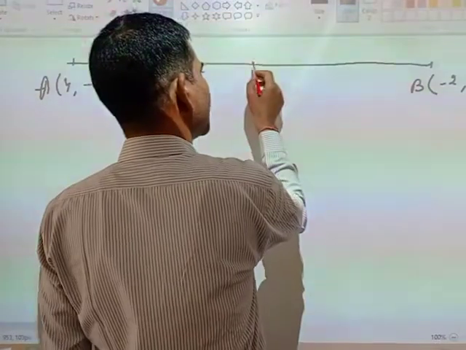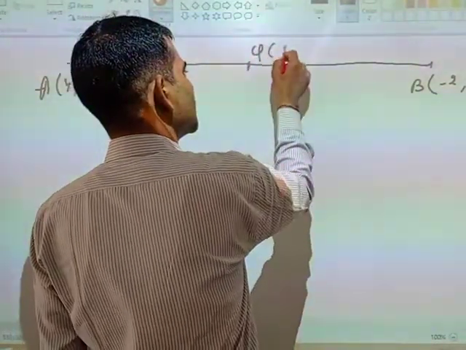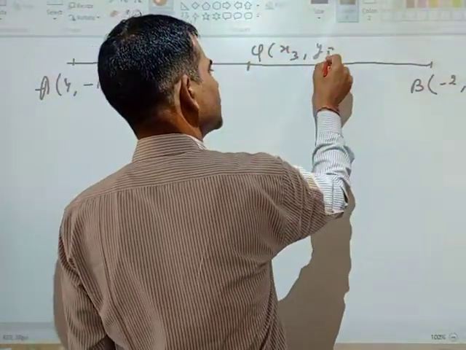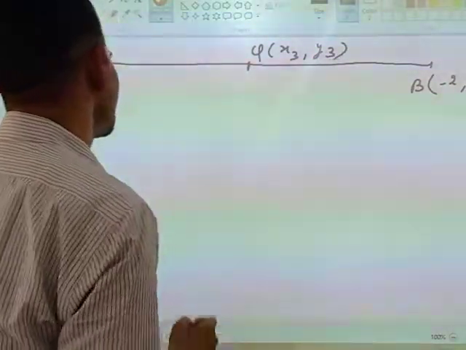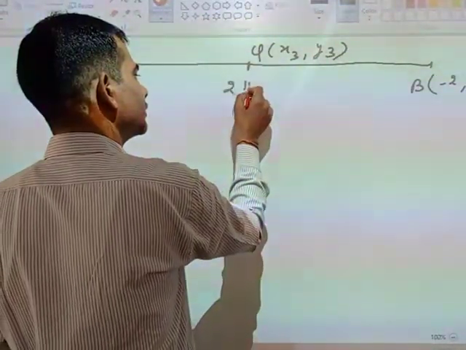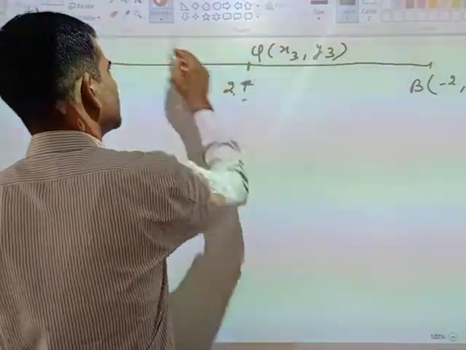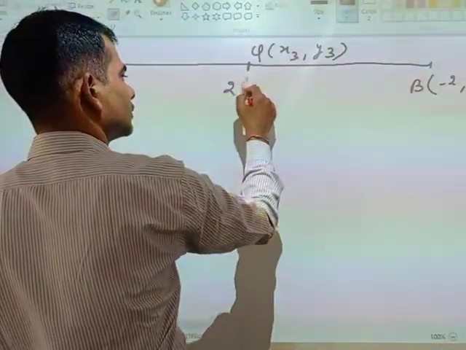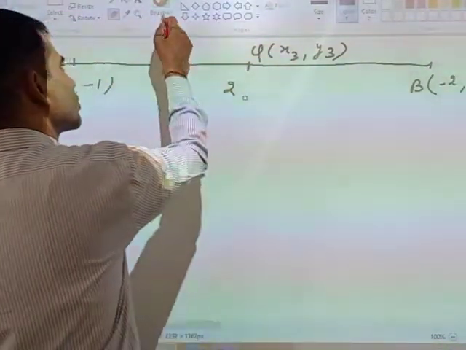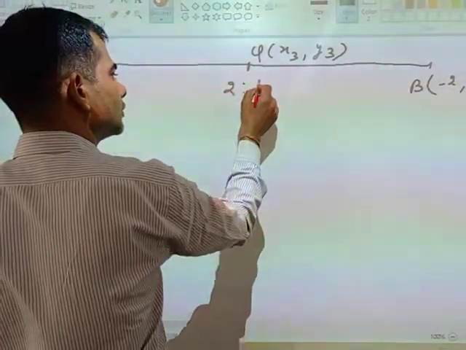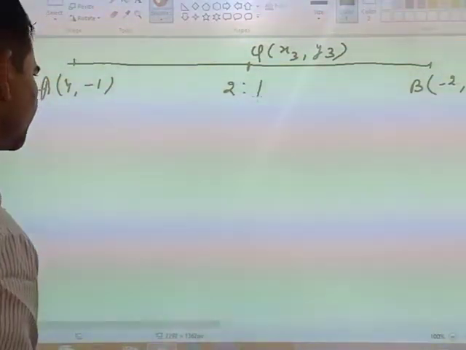That is your Q point, (x3, y3), and the ratio will be 2:1. Okay?